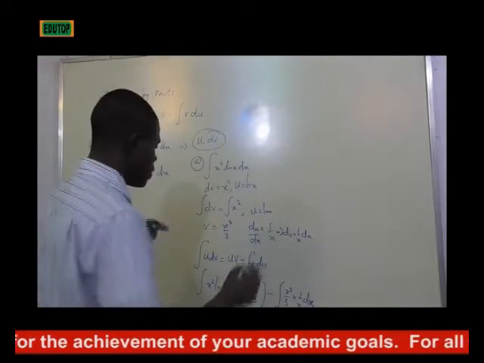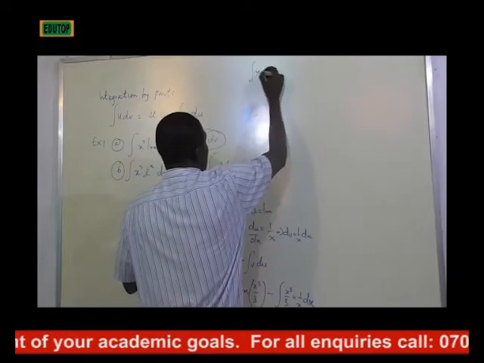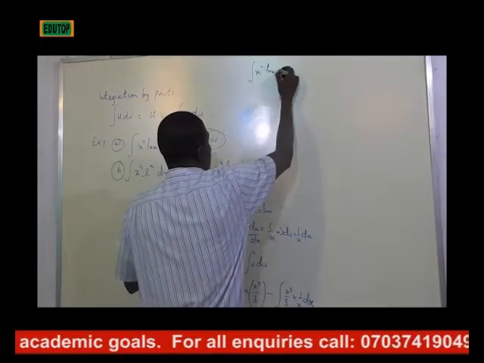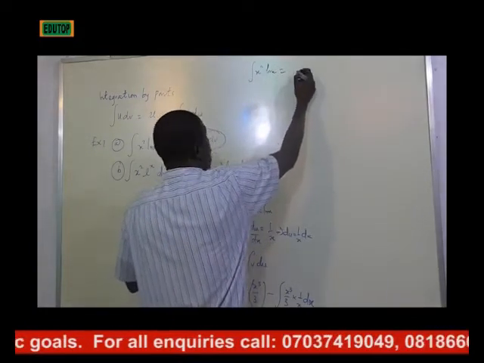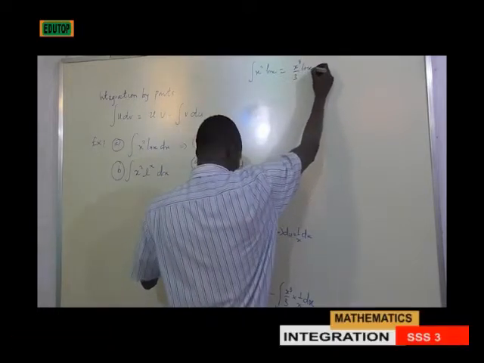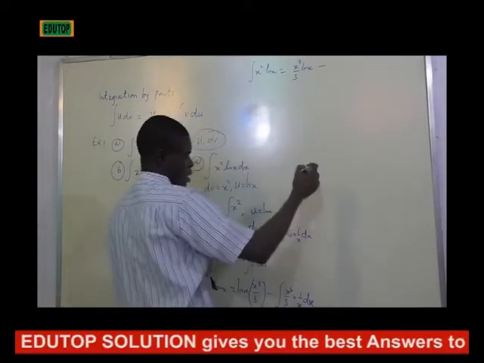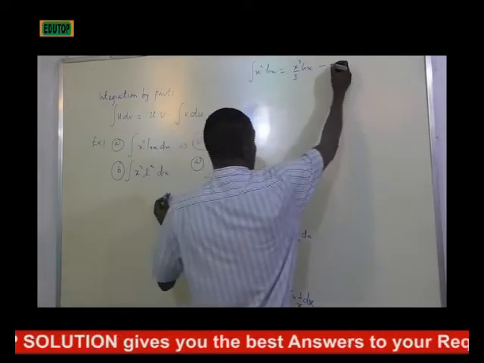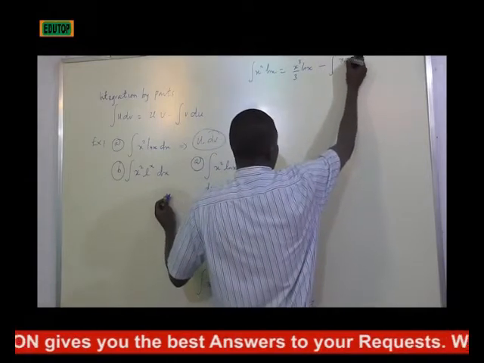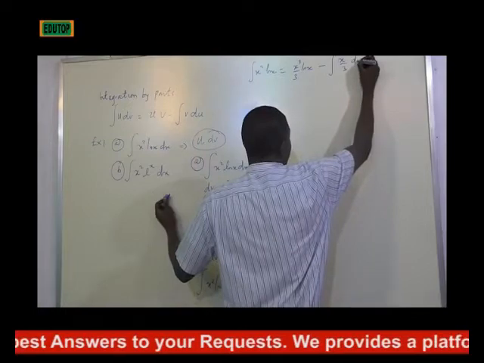Then to simplify this, the integral of x squared ln x equals x cubed over 3 ln x minus, this x can cancel one x here, then we'll have the integral of x squared over 3 dx.